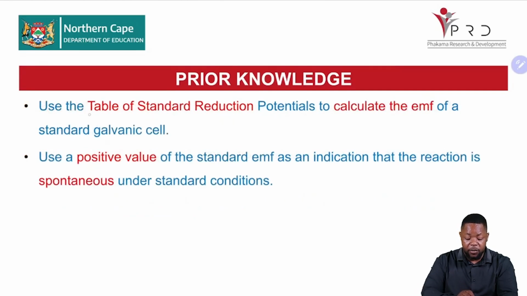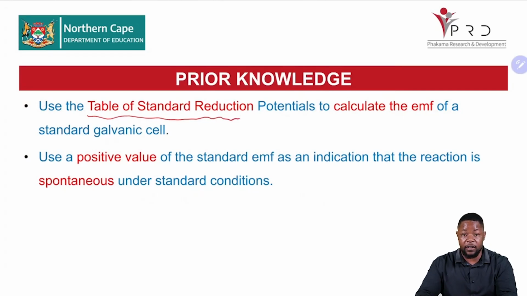The standard reduction potential table, you have looked at it in grade 11. We are also going to look at it in grade 12. We are going to predict the substance undergoing reduction and the substance undergoing oxidation, and we are also going to use it to calculate the EMF of a standard galvanic cell. We are going to use a positive value of the standard EMF as an indication that the reaction is spontaneous under standard conditions.